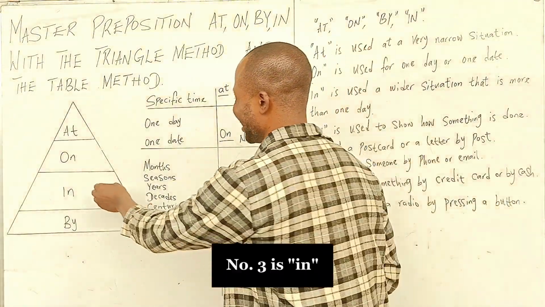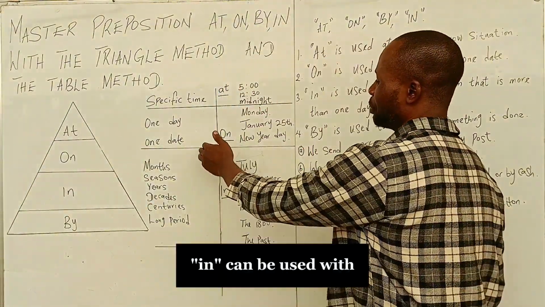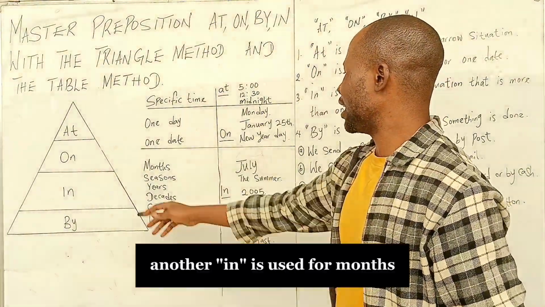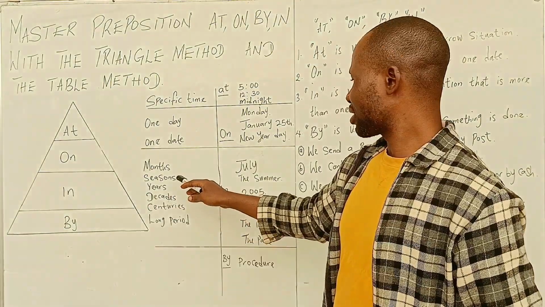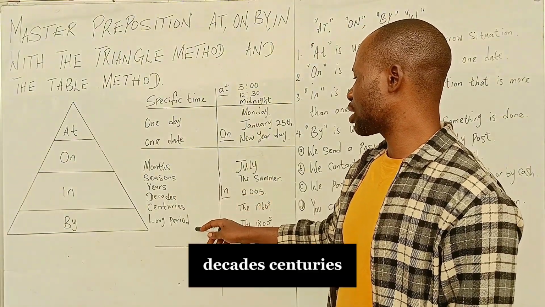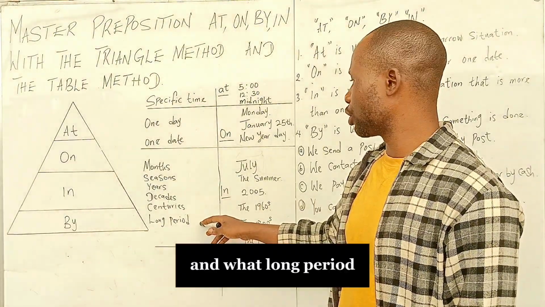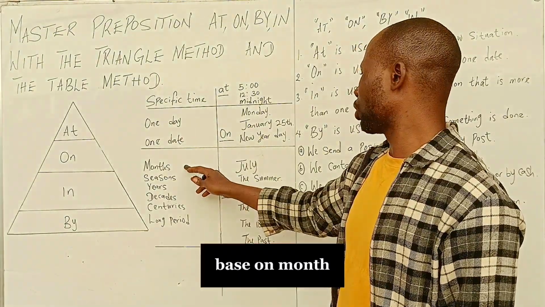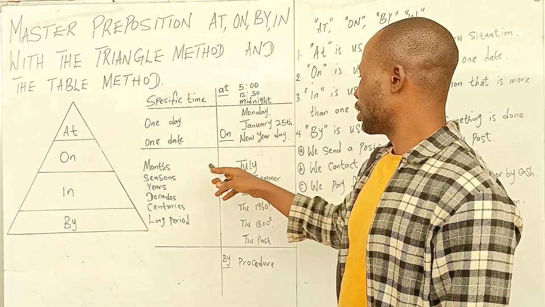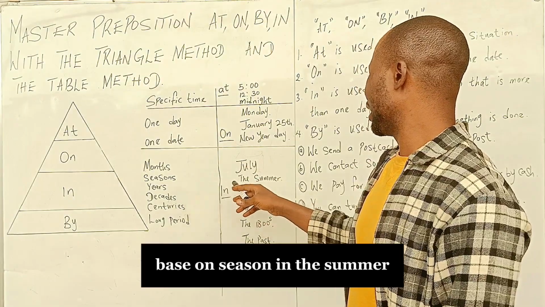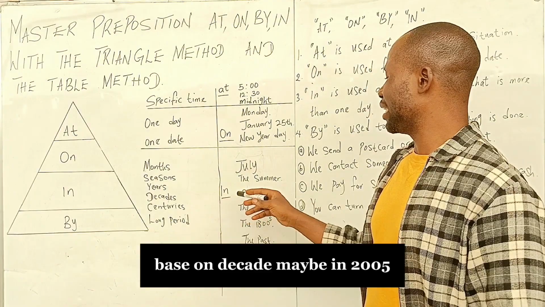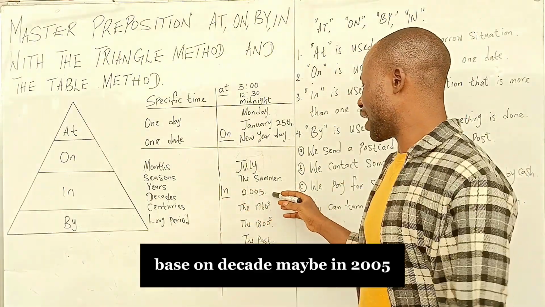Number 3 is in. In can be used with any of these things. In is used for months, seasons, years, decades, centuries, and what? Long periods. So it could be based on months, in July. Based on season, in the summer. Based on decade, maybe in 2005.